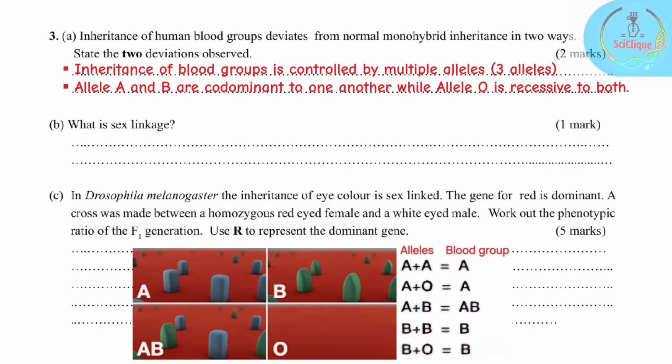So that means if they are present, they will both be expressed equally in the phenotype. So if a person has the genotype AB, they are also going to have blood group AB. So they're going to have antigen A as well as antigen B in their red blood cells. So they are codominant. That of O is recessive to both A and B.